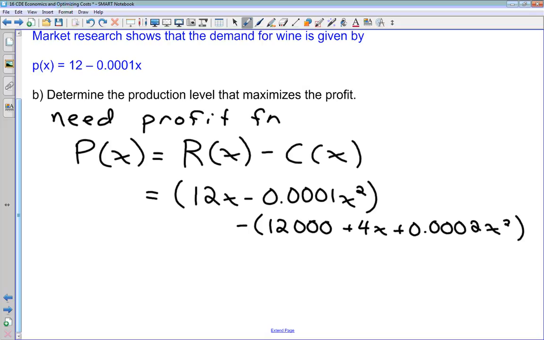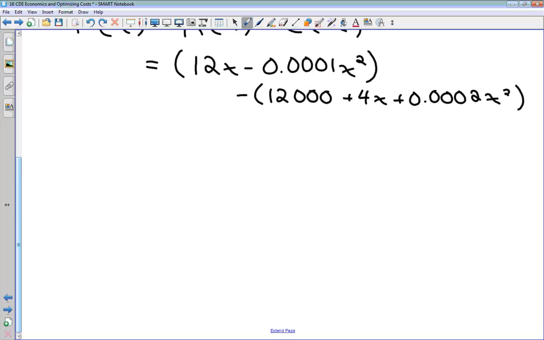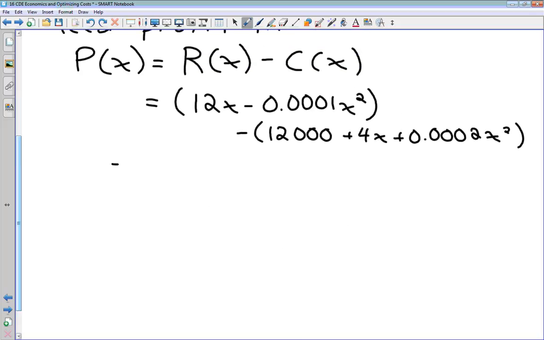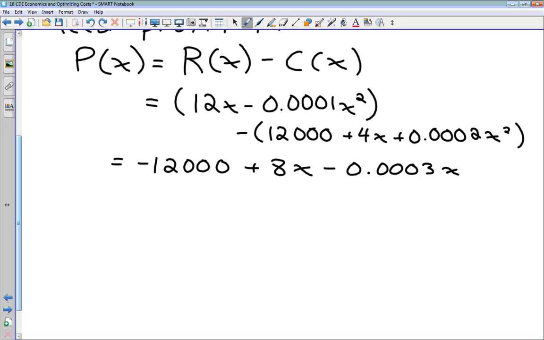And we're going to do the same kind of thing we did before. If we want to maximize profit, we're going to take the derivative, set it equal to 0, and solve for our value for x. Now, to make this derivative a little bit easier, I'm going to simplify this expression by collecting my like terms here. So I'm going to end up with negative 12,000 plus 8x minus 0.0003 x squared.